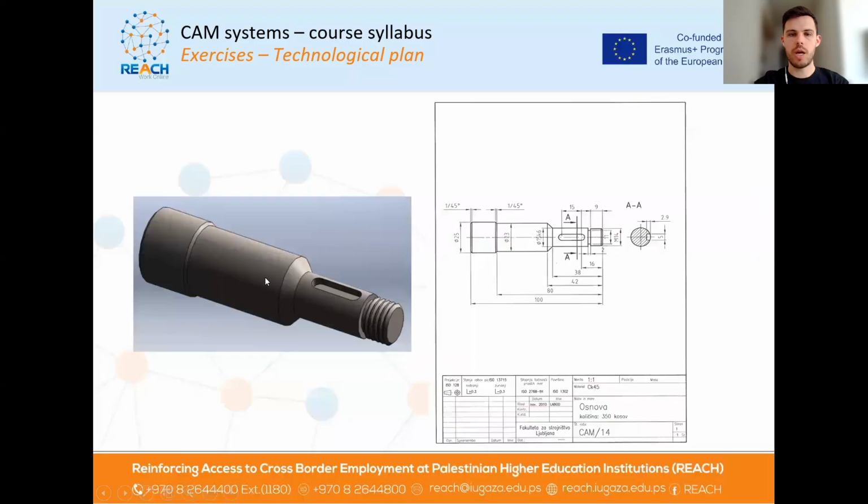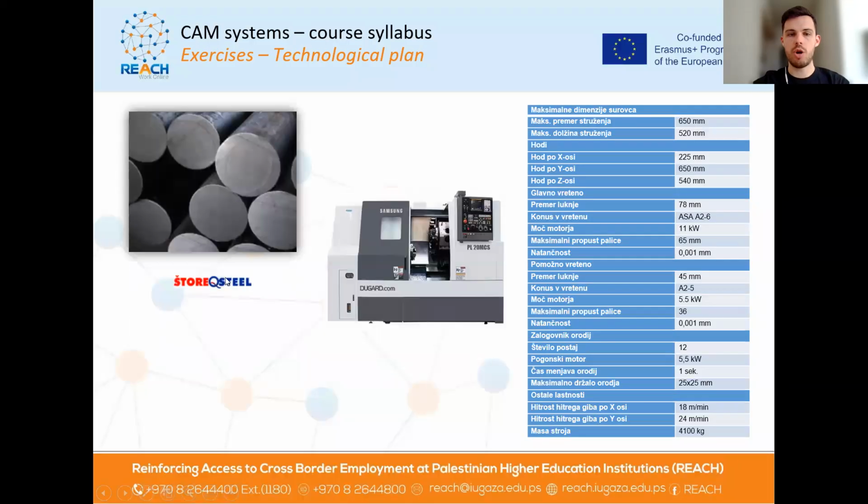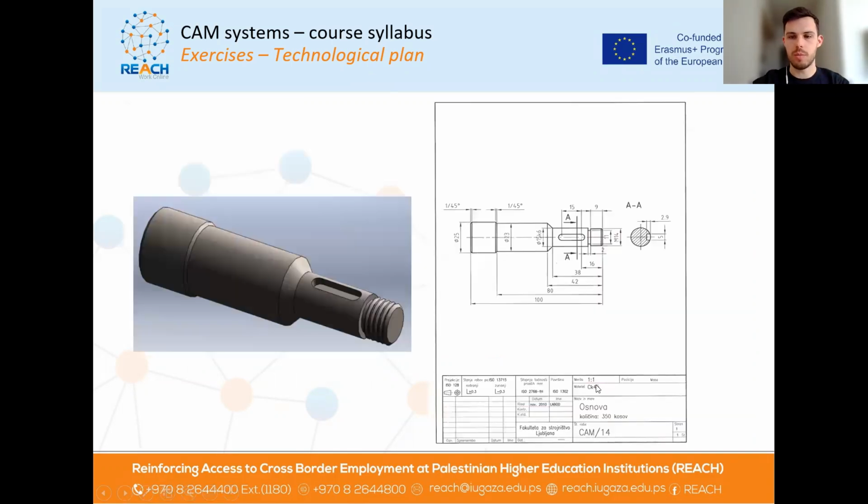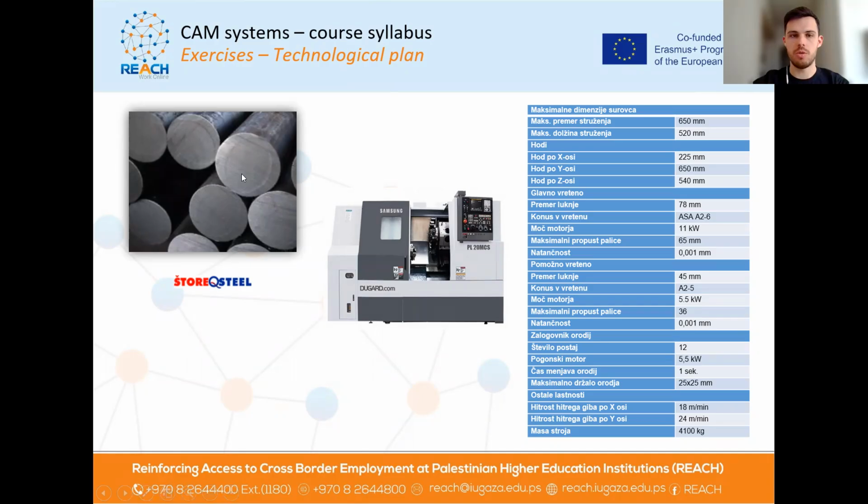After that, they will contact different companies in order to find the right material for that. Here the material is stated as well, but they need to find the right dimension, the pricing for that material, the delivery time and everything.